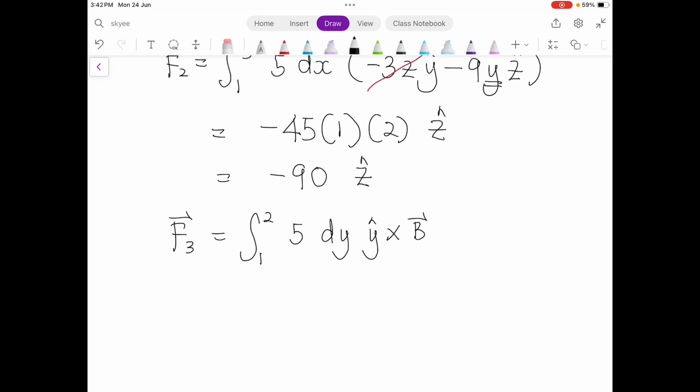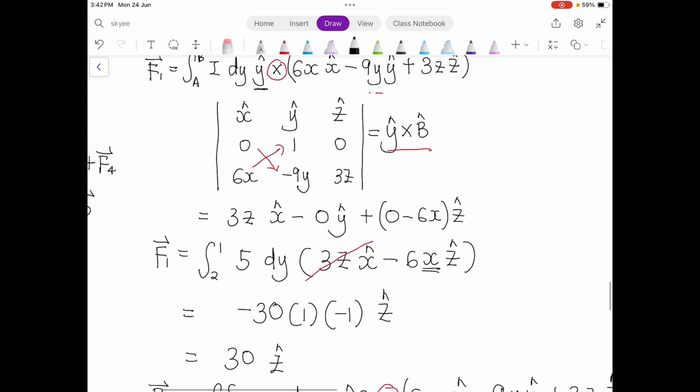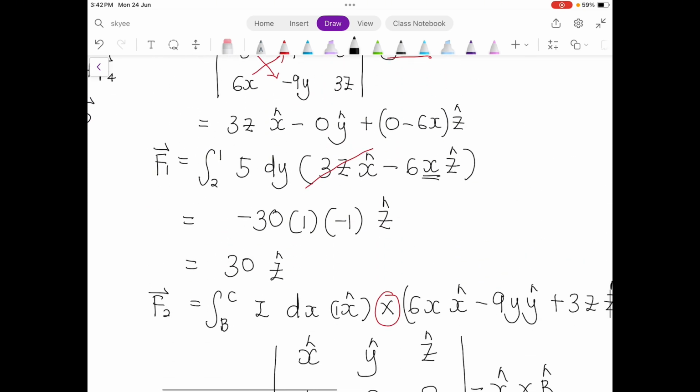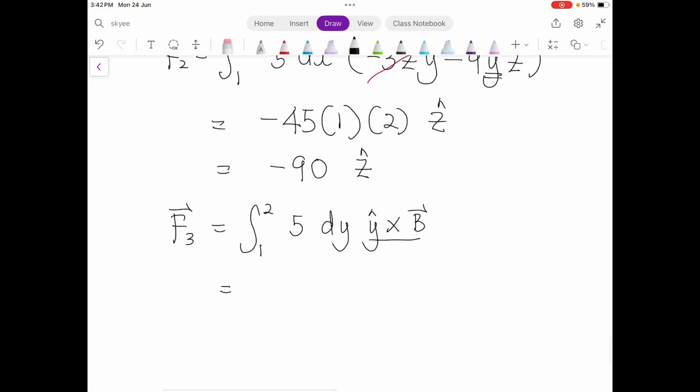So over here, I will just use the one that we have calculated earlier, which is 3zx minus 6xz.